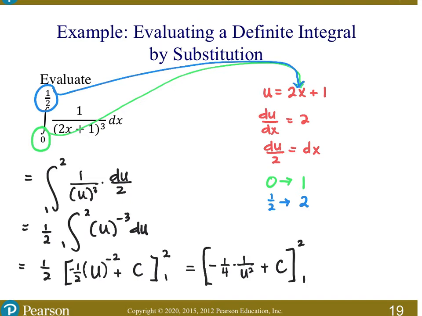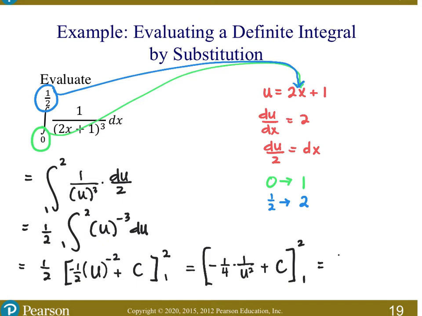And like I said, I never have to go back to the original bounds of 0 and 1/2. I never even have to go back to the original value of 2x plus 1. That's one of the nice things about doing definite integrals, is that there isn't that resubstitution back at the end. You can simply just continue.